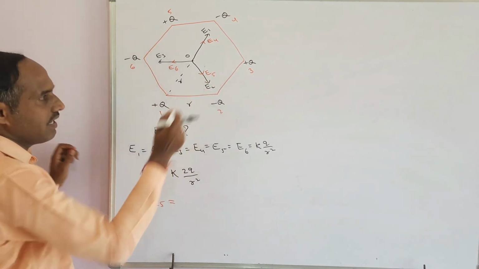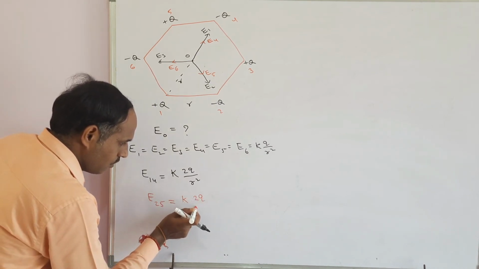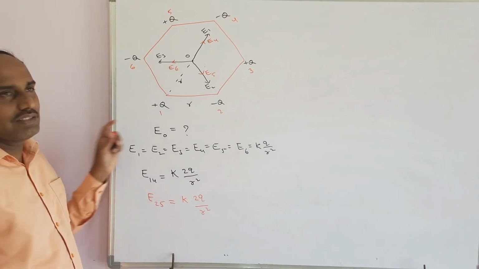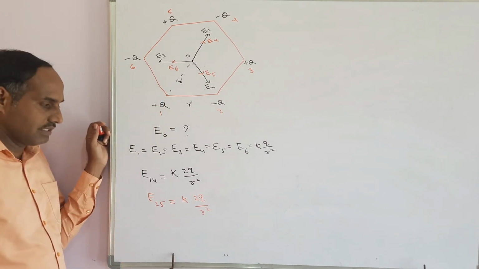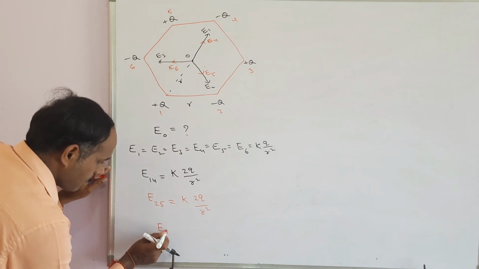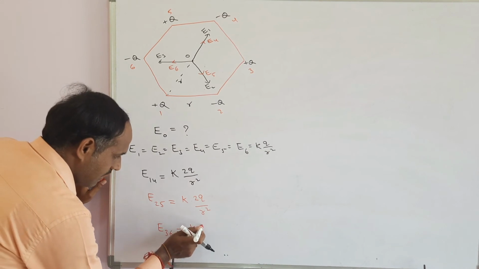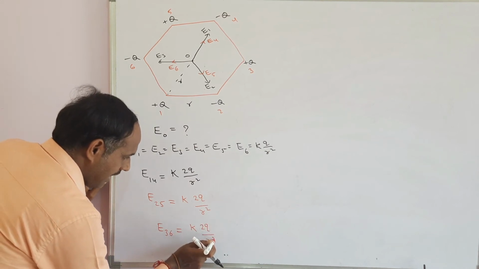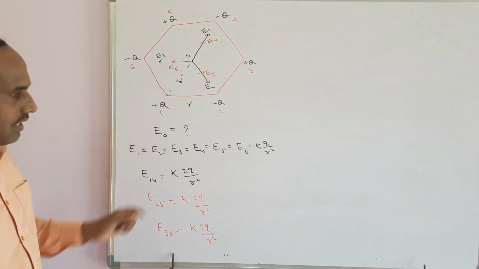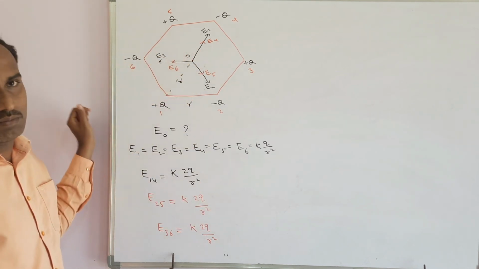These 2 and 5 are also in the same direction, so I can write K into 2Q by R square. R is the distance of that point to the respective charges. And again E36 is the same, K into 2Q by R square, but in the leftward direction. I am not mentioning the direction here, and directly I am giving the directions in the vector diagram only, right?